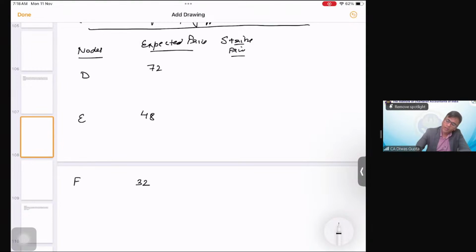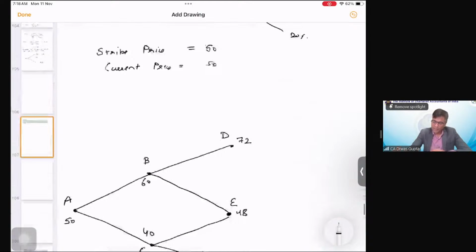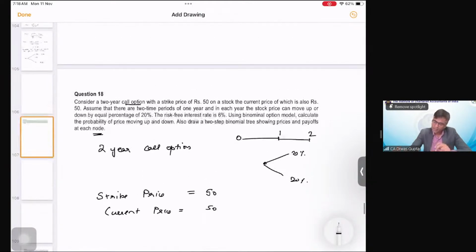So students, how are we going to calculate the payoffs? We are just going to compare the expected price with the strike price. And if the question is on the call option, which I think yes, the question is 2-year call option.